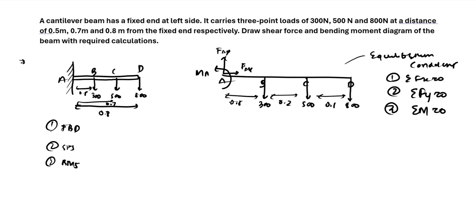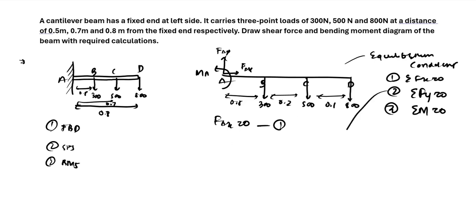So if you apply the summation of Fx is 0 condition, the FAX will come out to be 0 here, because there is no other horizontal force. So first we have completed that FAX is 0 because there is no other horizontal force. This is equation number 1.